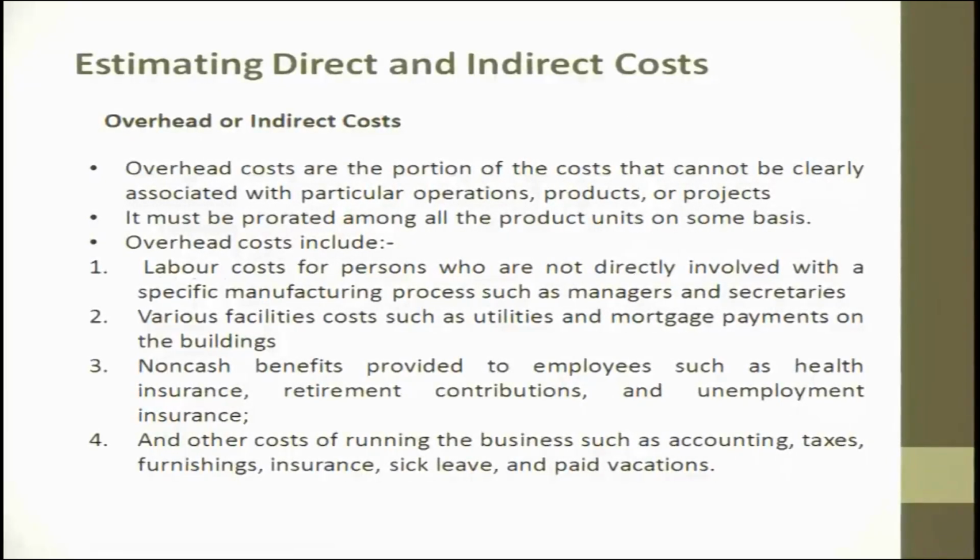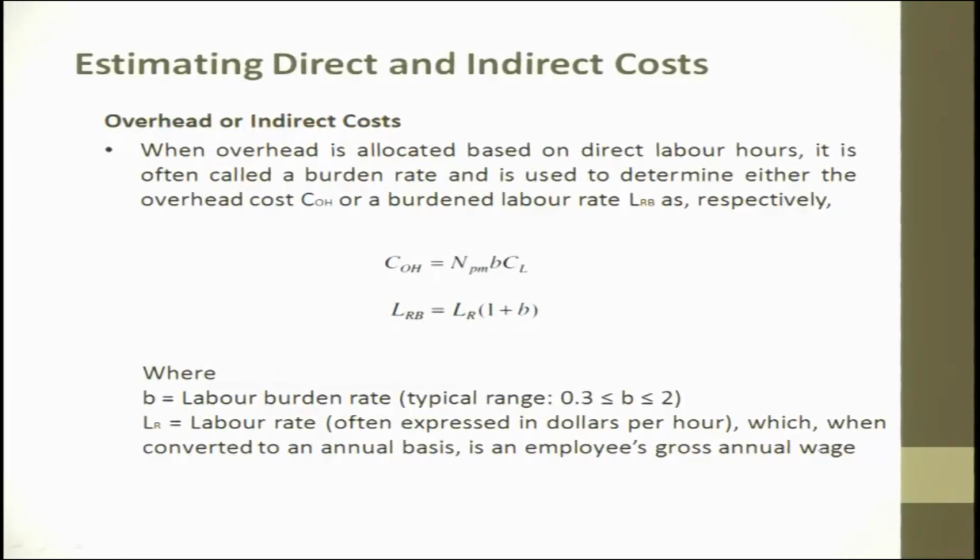Overhead cost includes labor cost for persons who are not directly involved with the specific manufacturing process, such as manager, secretary; various facility costs such as utilities and mortgage payments; non-cash benefits provided to employees such as health insurance, retirement contribution, unemployment insurance; and any other cost of running the business such as accounting, taxes, furnishing, insurance, sick leaves, paid vacations, etc. All these things fall under indirect cost.